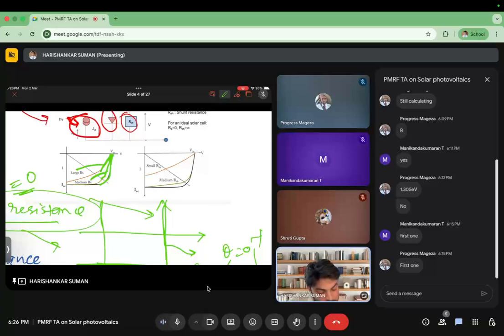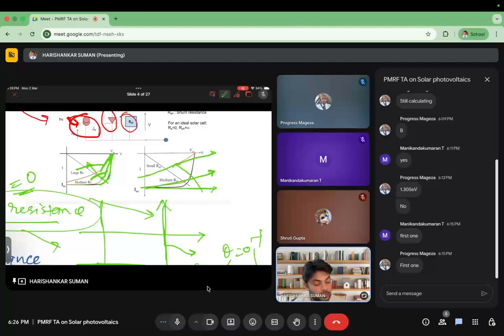So series resistance is increasing like that. And you can see the shunt resistance: this is 0, parallel to the x-axis, this is increasing and this is also increasing, the slope is going up. So then shunt is reducing. We want maximum shunt, please remember.